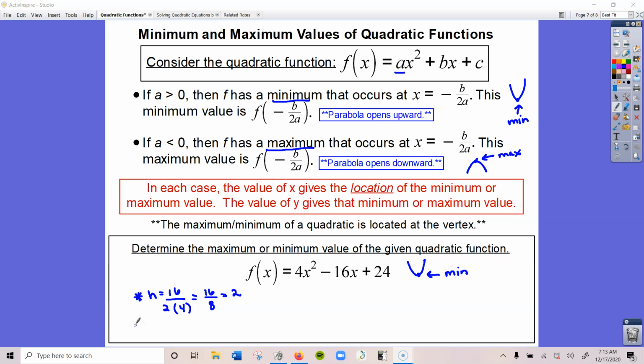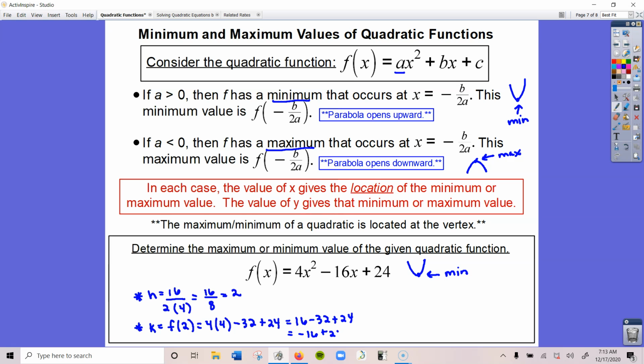Now to find the actual minimum value, which is k. K, remember, is when we plug in that number back into the function. So we're looking for f of 2, which would equal 4 times 2 squared, which is 4, minus 16 times 2, which is 32, plus 24. 4 times 4 is 16. 16 minus 32 is equal to negative 16.